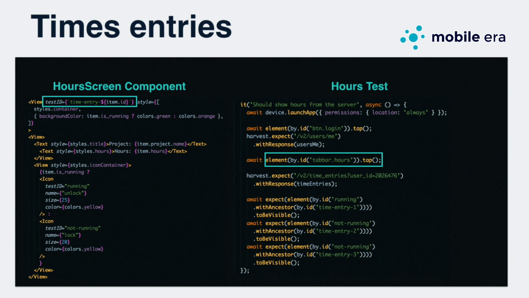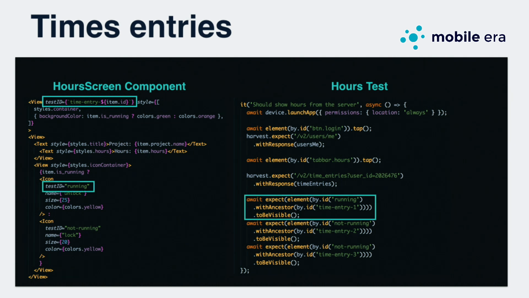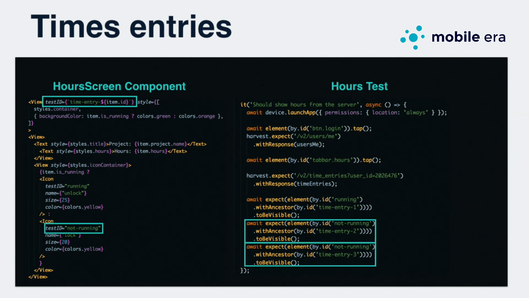Then we make sure we are in the tab hours screen, so we click on that one and expect all the time entries. Then we expect an element by ID running with an ancestor of time entry to be visible. That's the way you test when you have one test ID inside of another: use the withAncestor method. And then you expect an element not running with ancestor time entry 2 and time entry 3, respectively, to be visible if those classes are not available.